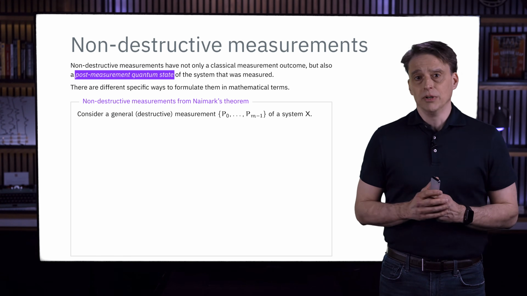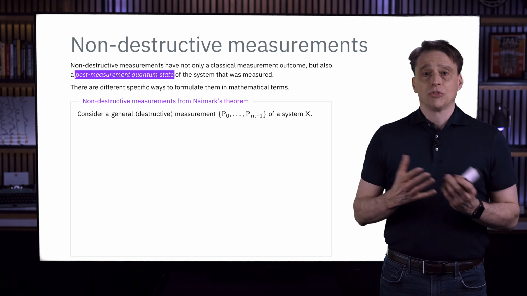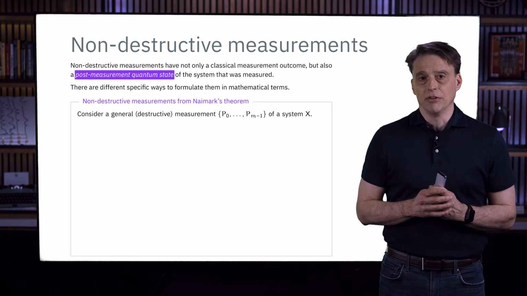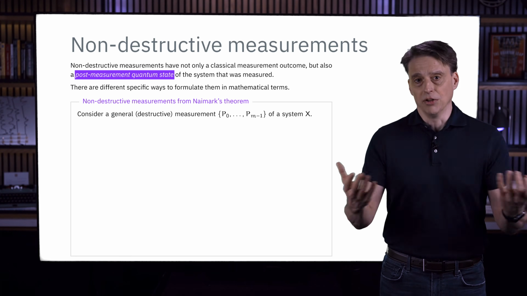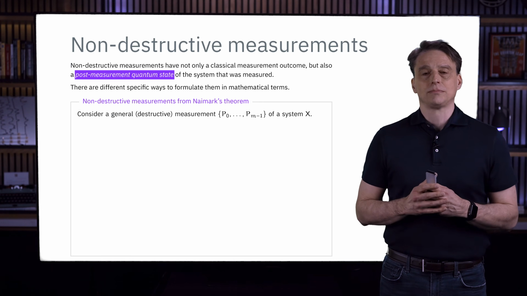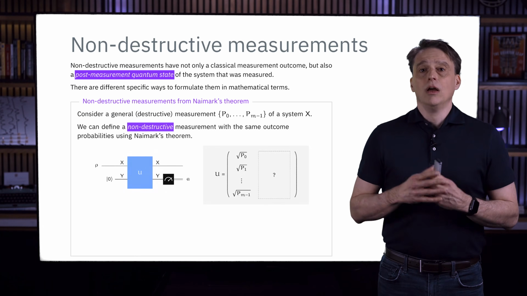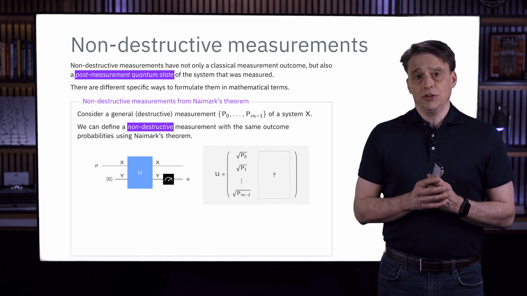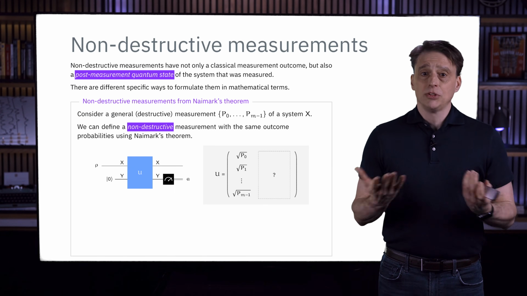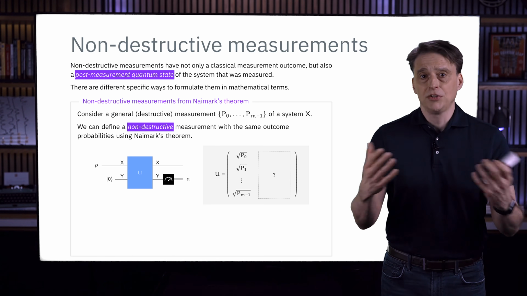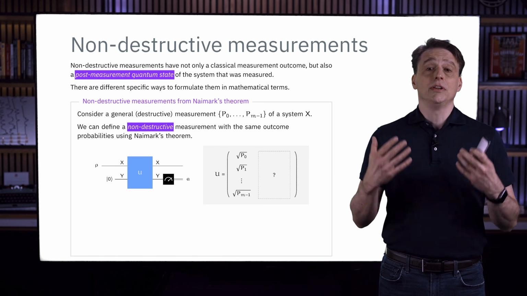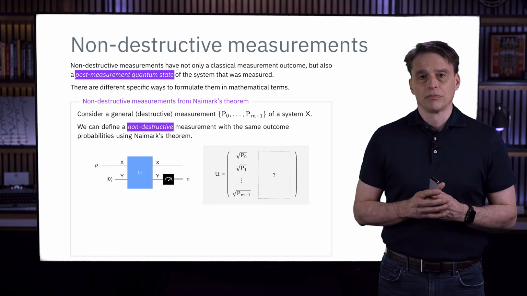Consider a general measurement, meaning a destructive one, described by a collection of positive semidefinite matrices, P_0 through P_{m-1}, that sum to the identity. We can then turn this measurement into a non-destructive measurement simply by considering the implementation of this measurement that we discussed in the context of Naimark's theorem.